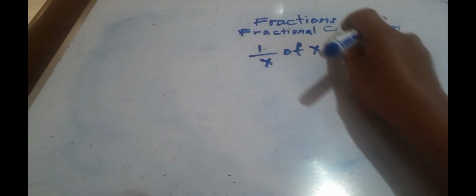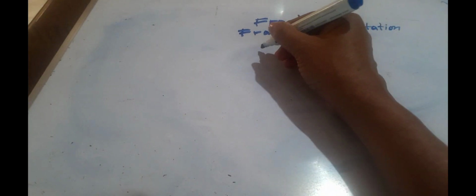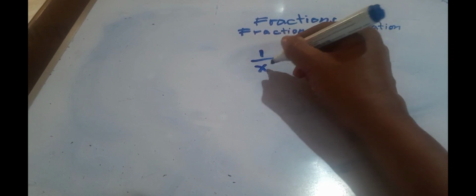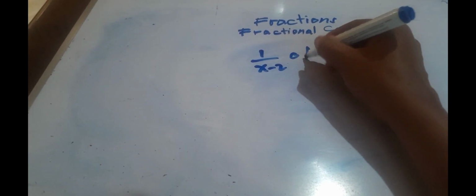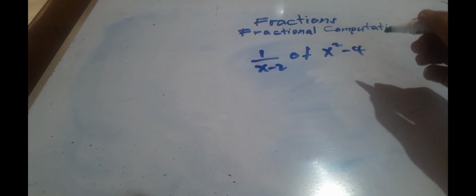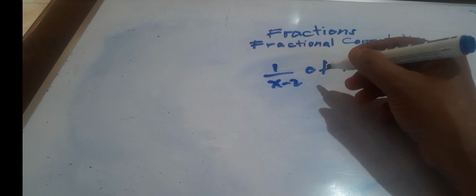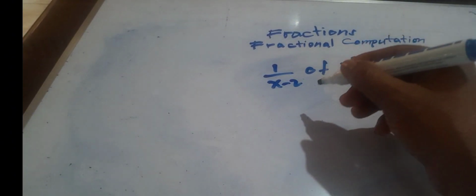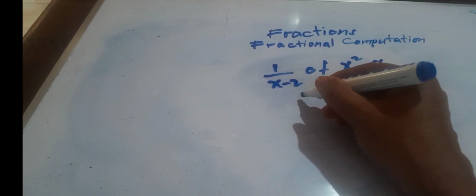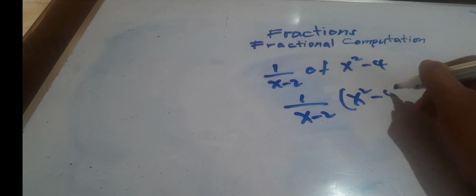Let's proceed. What is 1 over x minus 2 of x squared minus 4? By computation, that is 1 over x minus 2 times x squared minus 4.